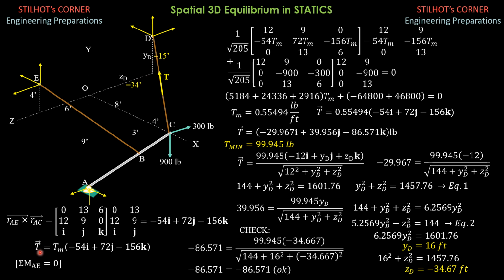So again, T is expressed in terms of the force multiplier, and T is in this direction, therefore T is force multiplier T sub n times that direction, because this is now the direction where T is directed to, so that it is perpendicular to the plane AEC.